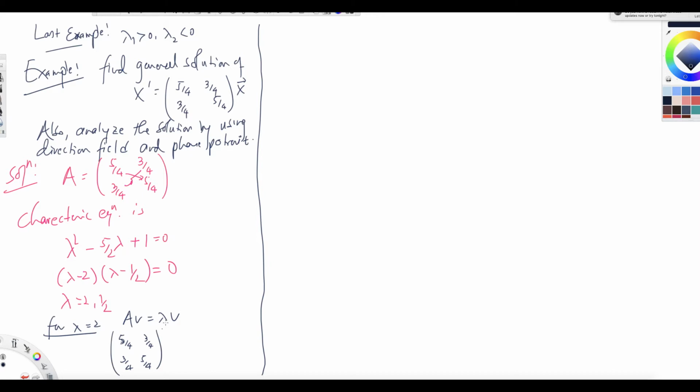You can do x1, x2, no problem, but let's say x, y, it will be easier. Equals 2 times (x, y). Now on the left side, you do the matrix multiplication. You will get 5/4 x plus 3/4 y equals 2x, and then similarly 3/4 x plus 5/4 y equals 2y.